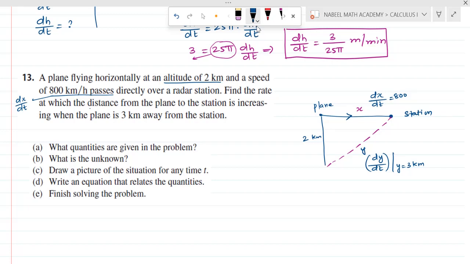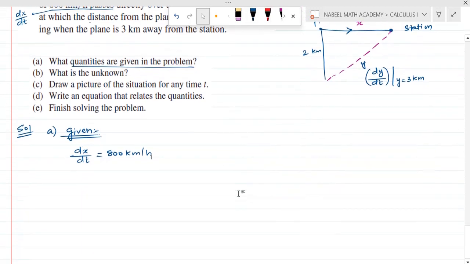The first thing is: what are the quantities given in the problem? This is the given part. The given value is dx over dt, which is 800 kilometers per hour. So x is the horizontal distance that the plane is traveling.